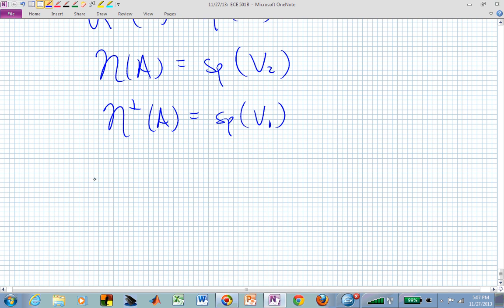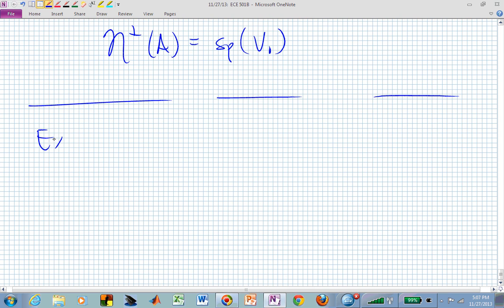So, if I had the following, now this is going to get kind of crazy because I'm just making this up as I go. Suppose I gave you a matrix A that was 2 by 4.